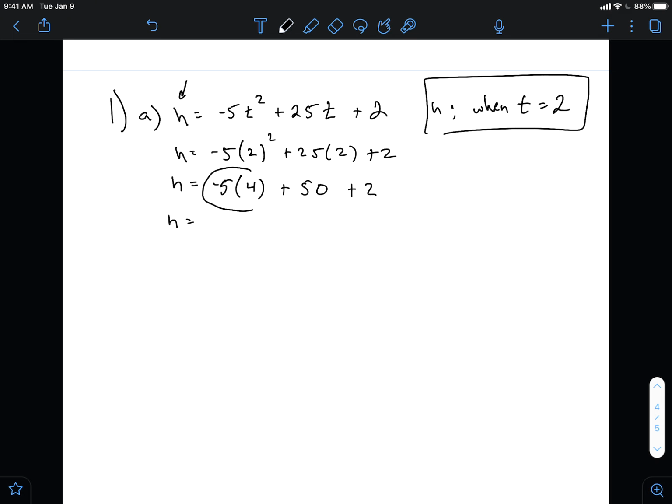This could very well be where some of you have gone wrong. You maybe left the negative off, I'm not sure. Negative 5 times 4 is negative 20, plus 50, plus 2. What's negative 2 plus 5?